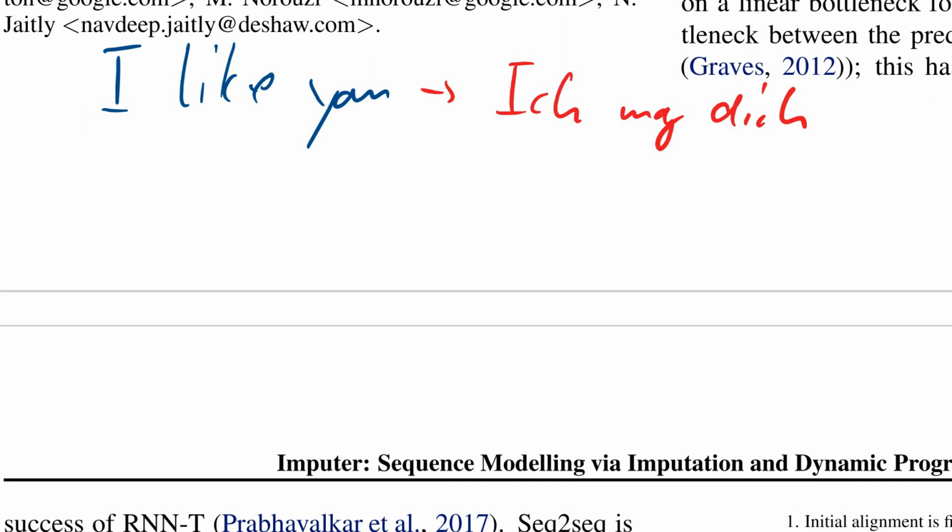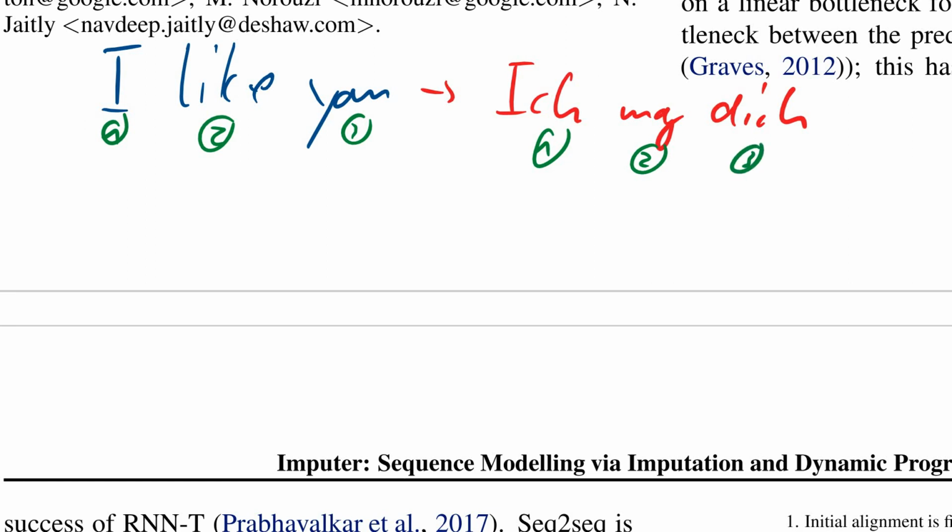Now, the Imputer deals with a very special kind of sequence-to-sequence task. Namely, it deals with sequence-to-sequence tasks where there is a monotonic alignment. So you see that this is given here. The first word corresponds to the first word here, the second to the second, and the third to the third. This is not always the case in machine translation.